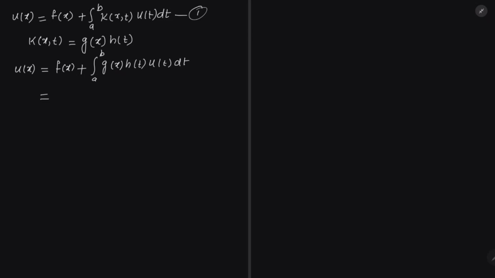And from here we can write f of x plus g of x times the integral from a to b of h of t u of t dt.